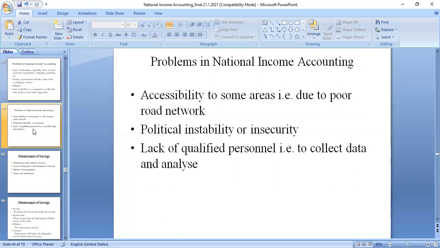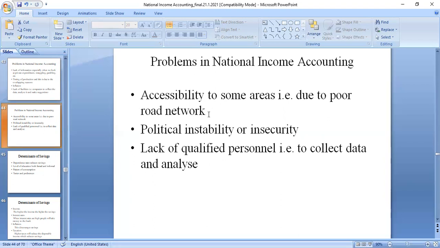Accessibility to some areas due to poor road network. There are areas you go to, of course, to collect these national income figures, and those areas are not accessible. The road network is poor. Maybe it is a flooded area where you cannot cross over.